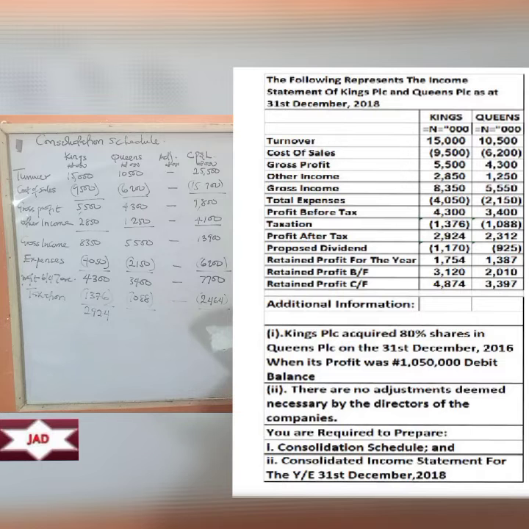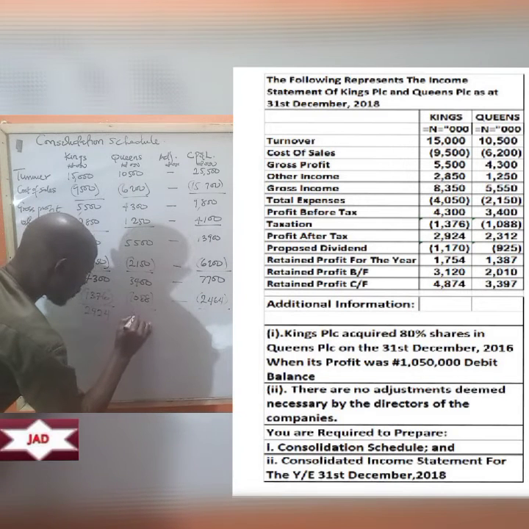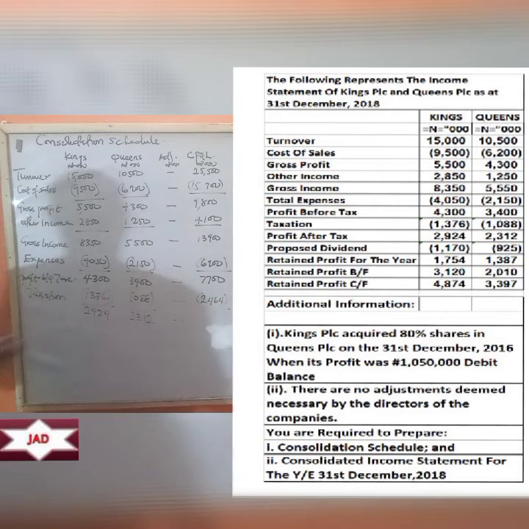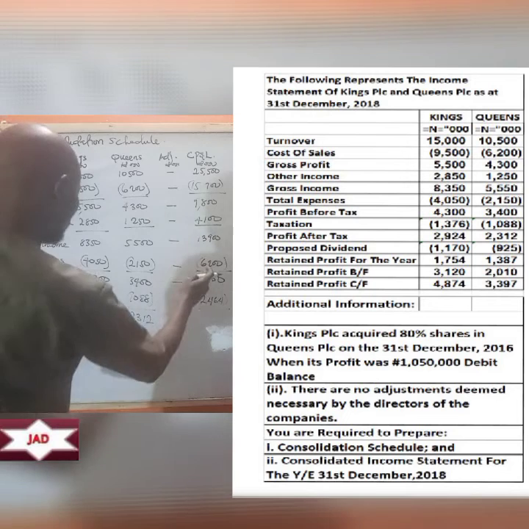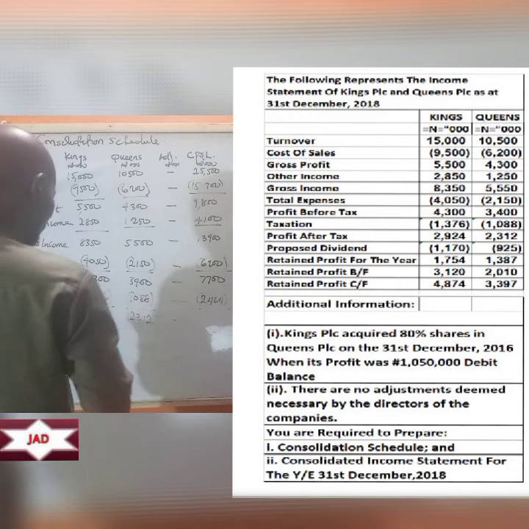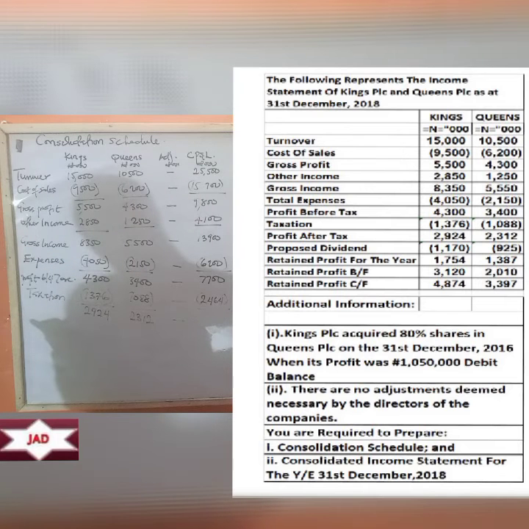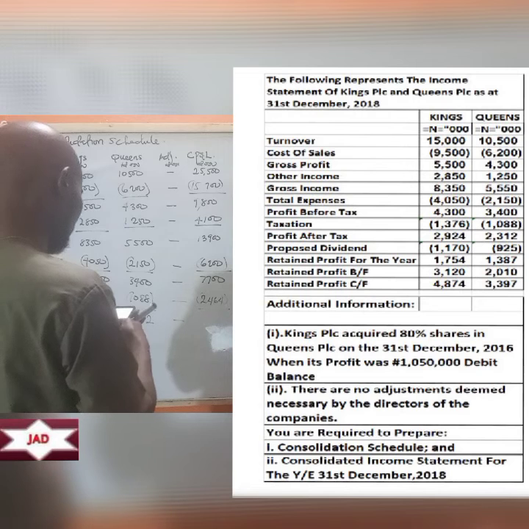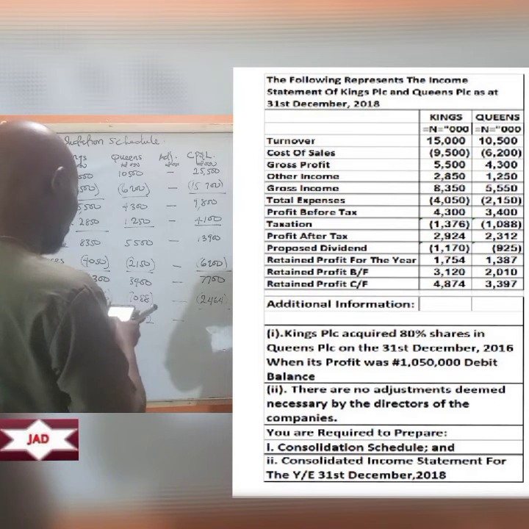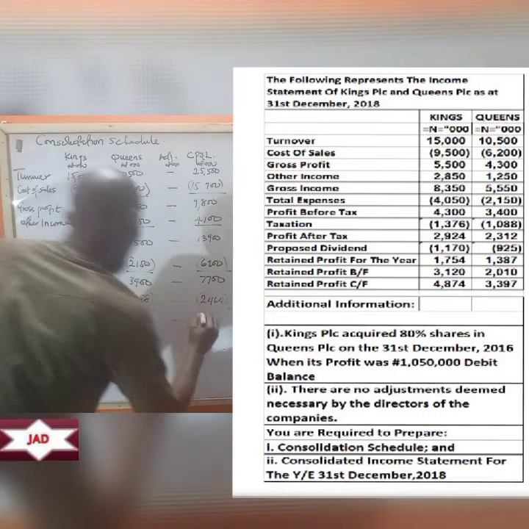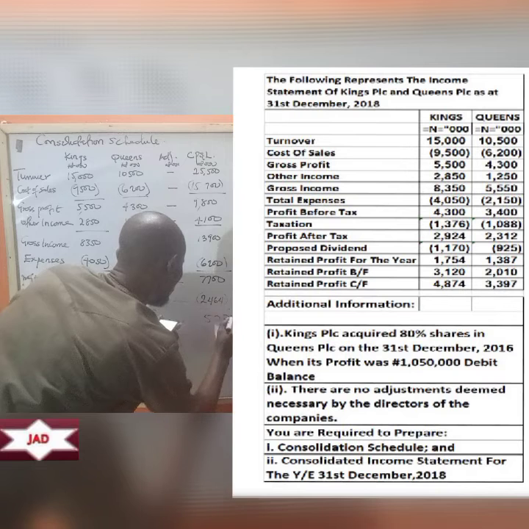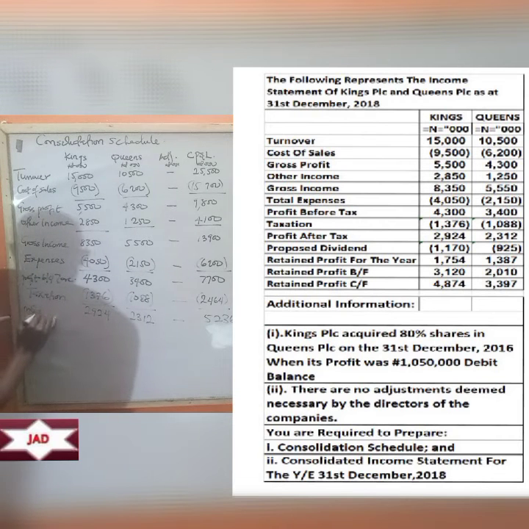Then we have 2,312. Okay, so this minus this: 7,700 minus 2,464 gives us 5,236. So this is profit after tax.